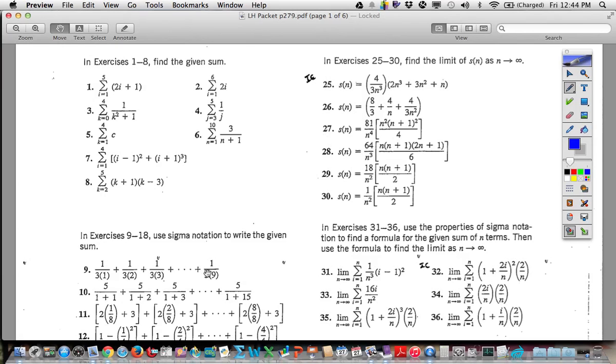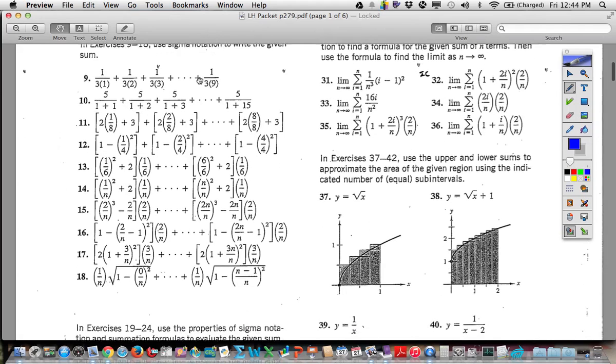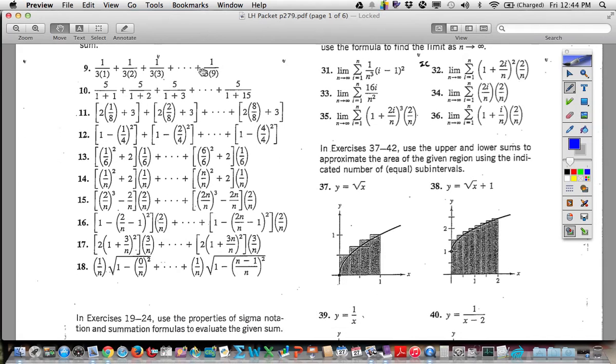Then this last section was kind of the culmination of what we did yesterday, taking what you did down here with the sum formulas. So this is kind of like number 23. So you can expand this out, then let n go to infinity. Use the sum formulas, and then do what you did up there, high powers dominate, and you get those answers.